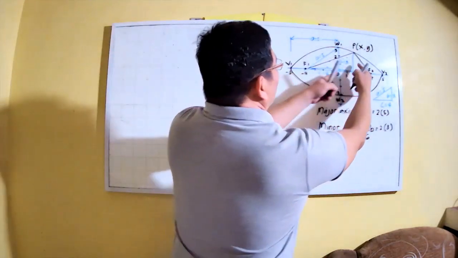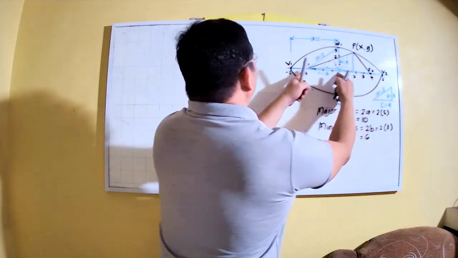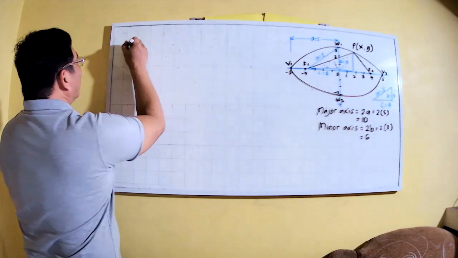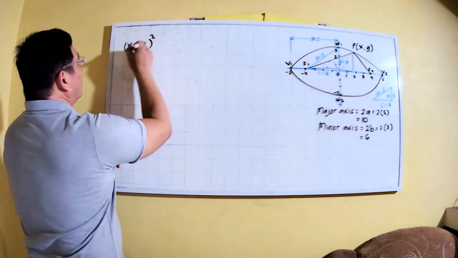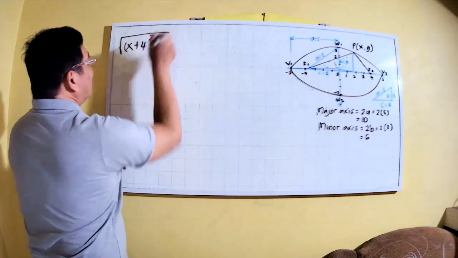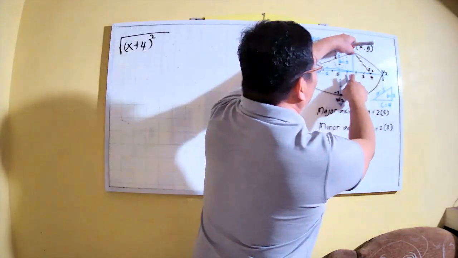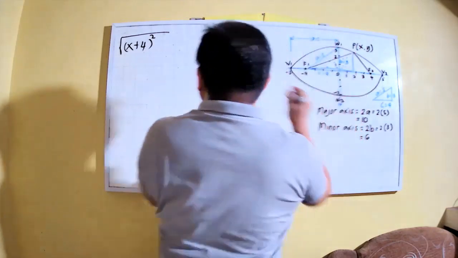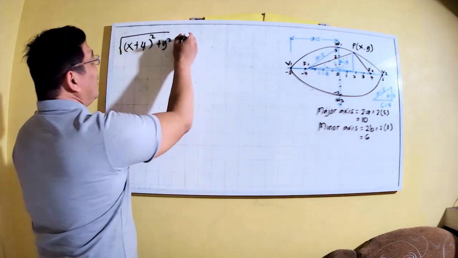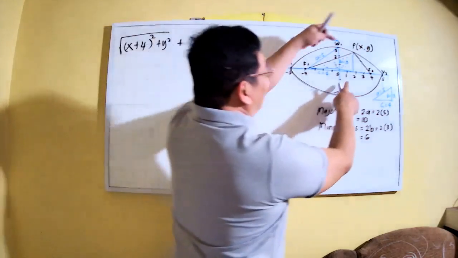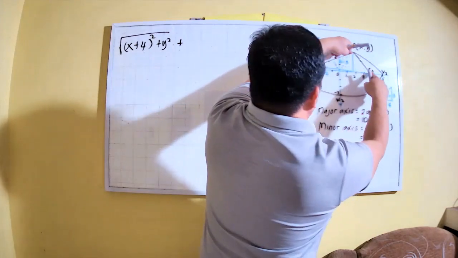We have here, the distance here is x plus 4 square. So x plus 4 square. And then we're going to square it with, since this is distance formula, plus y square. Y minus 0, y square. And then plus this height. Oh no, I'm sorry.